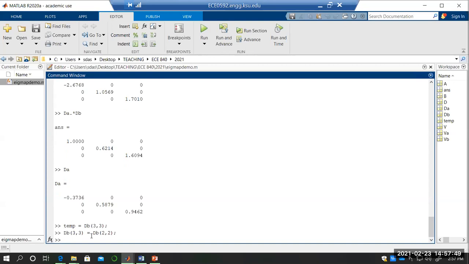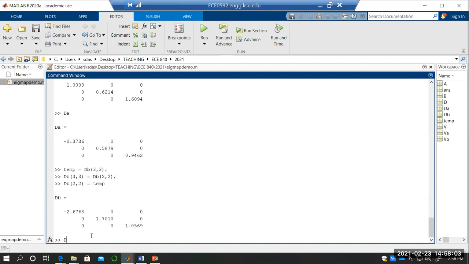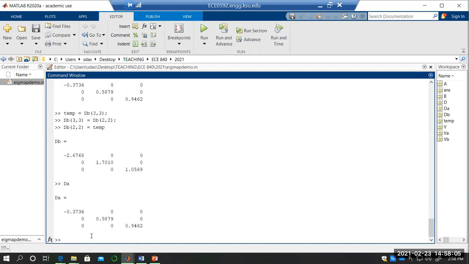And then dB(2,2) equals temp. This is my dB now, and dA is this.